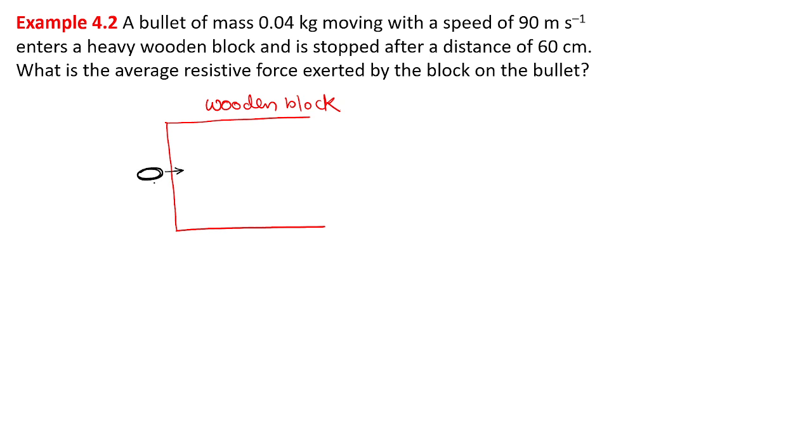The mass of the bullet is given, 0.04 kg, and its initial speed just before collision is 90 meter per second.